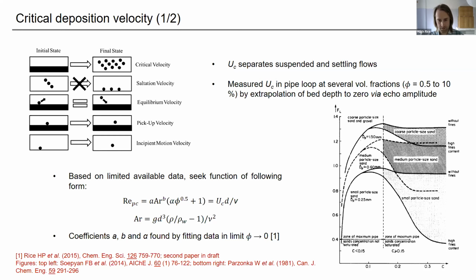And so what we did was, as you can see on the right, the critical deposition velocity depends on the concentration C on the x-axis, and at lower concentrations it increases. We were interested in finding a correlation between the flow properties, which are covered by the Reynolds number, Re, and the material properties, which are covered by Ar, the Archimedes number.